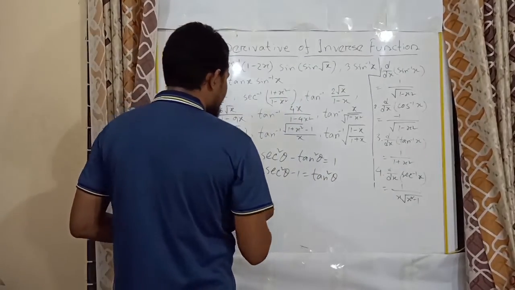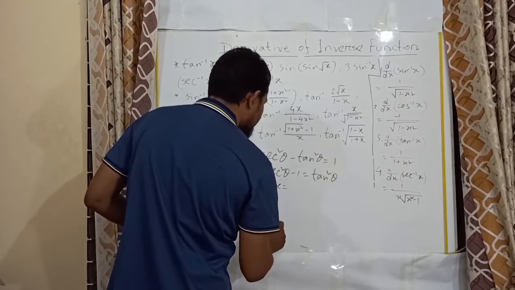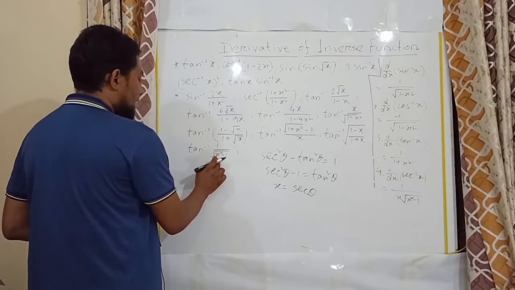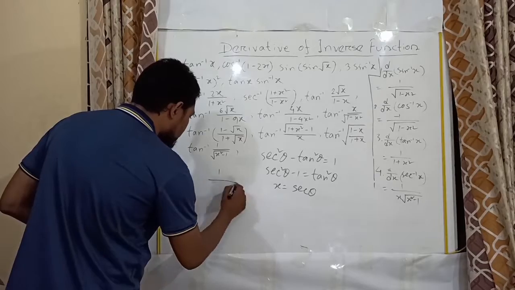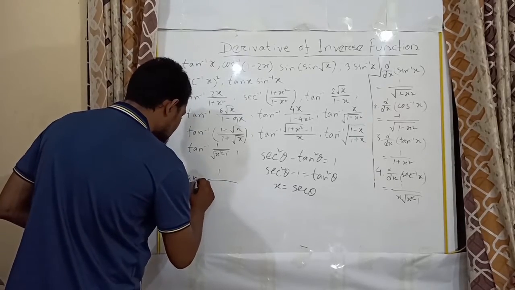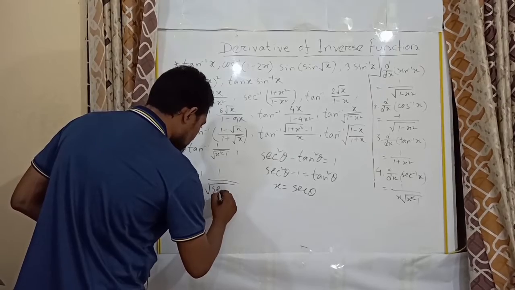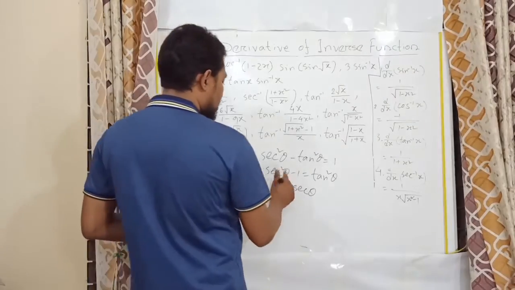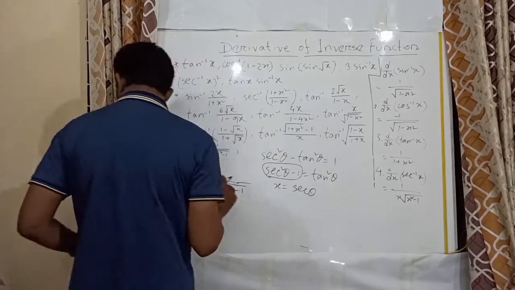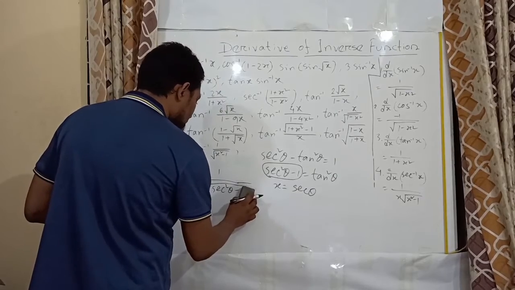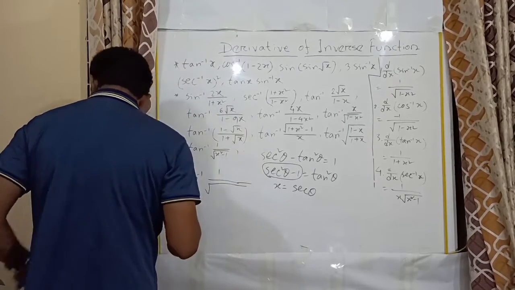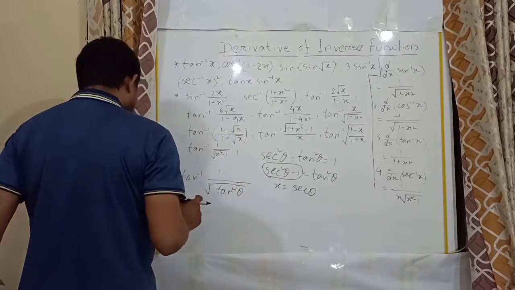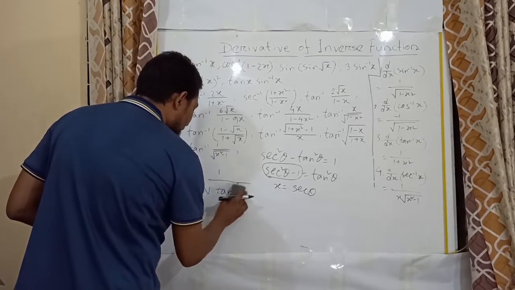So if we take x equal to sec theta, then we get sec square theta minus 1, which equals tan square theta. So we can write here root of tan square theta, and the square and root will be cancelled, so only tan theta will be here.